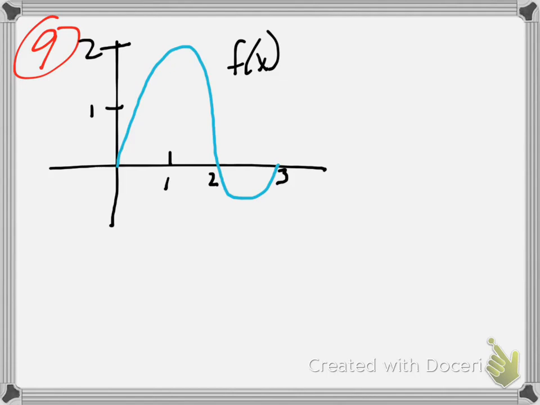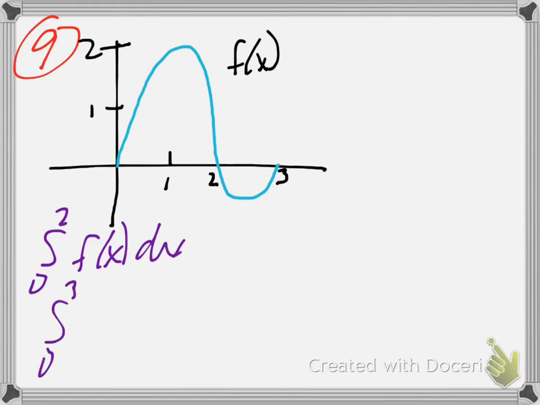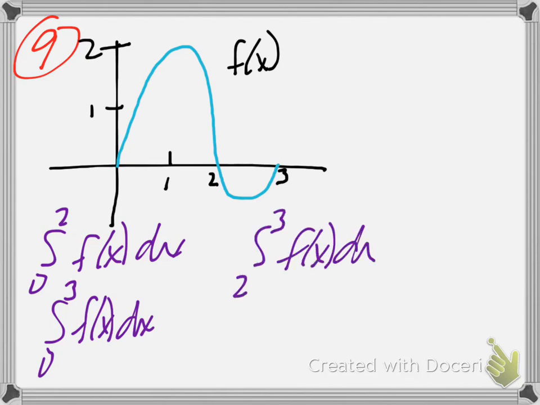Okay, here's number 9. So we're asked to find the relationship between the integral going from 0 to 2 of f of x, from 0 to 3 of f of x, and from 2 to 3 of f of x. Now we don't have any numbers here, we're not going to get an exact amount, but let's just look at some things.